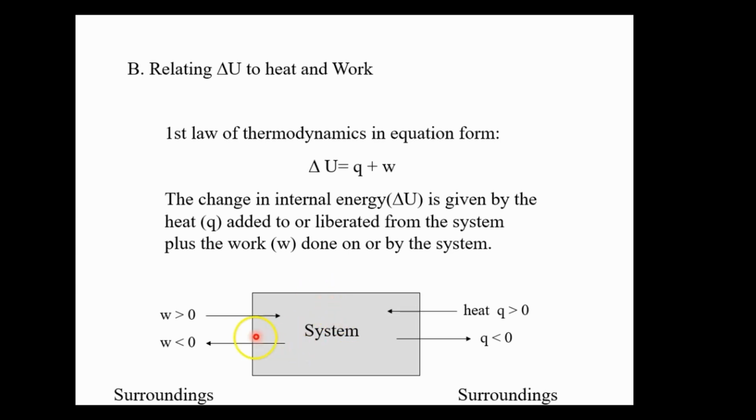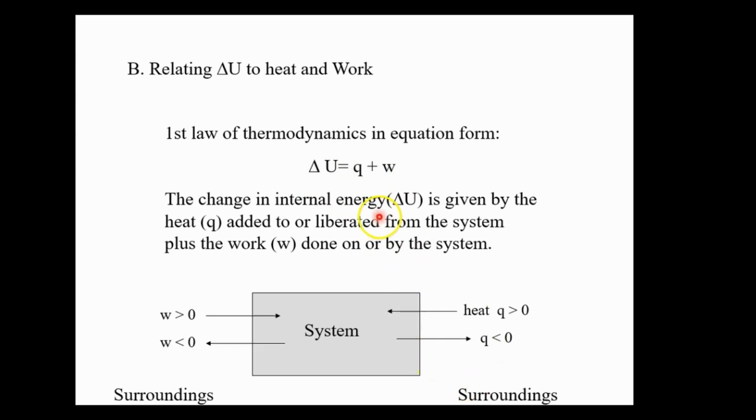If the system does work on the surroundings, work is going to be negative because that's going to lower the internal energy. We've got the same thing going on for heat. If heat is positive, we're putting heat into the system and the change could be positive. Let's just say work is 0, then of course it's positive.